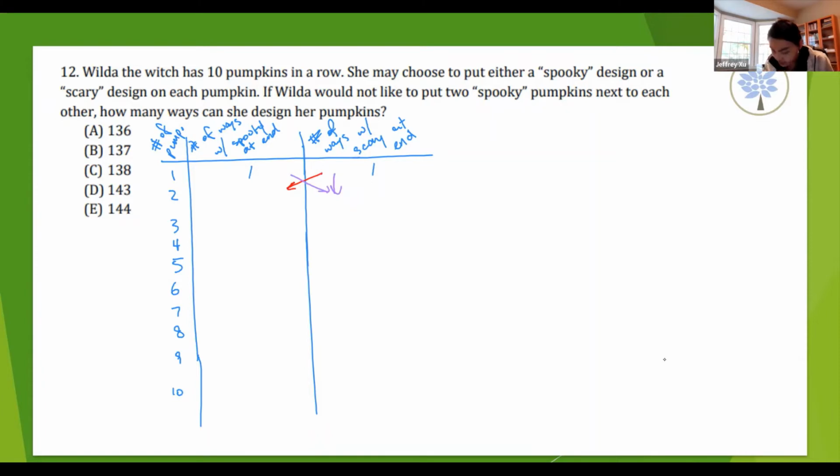Once we get this, all we have to do from here is fill in the rest of the table, and eventually you get that the total number of ways is just 55 plus 89, which is 144.